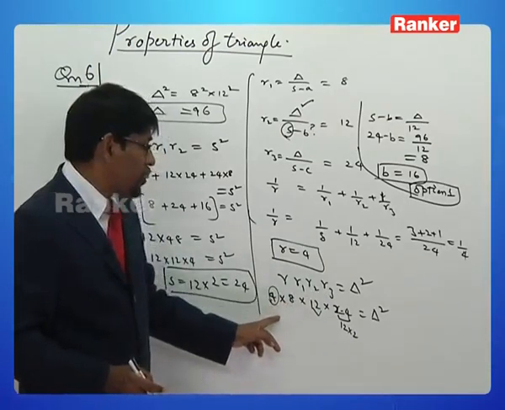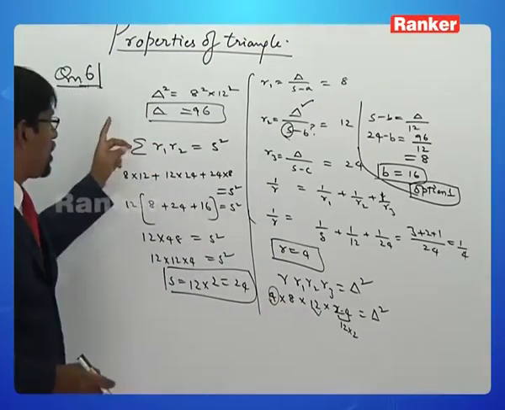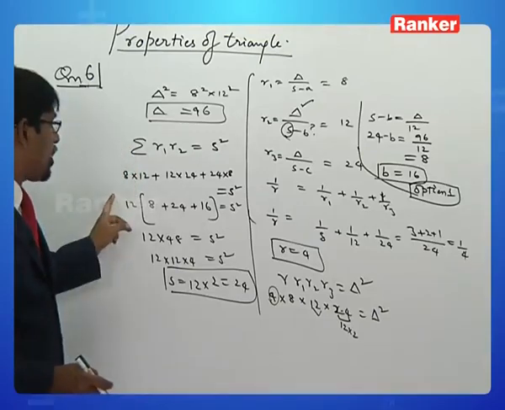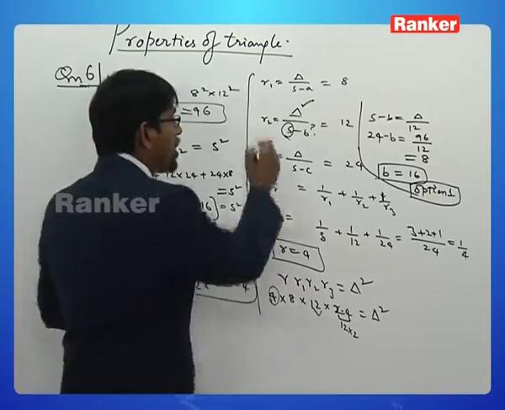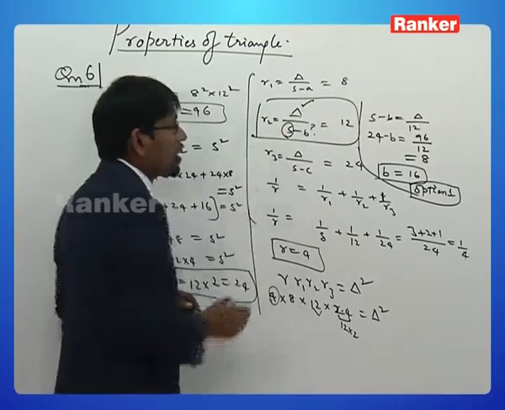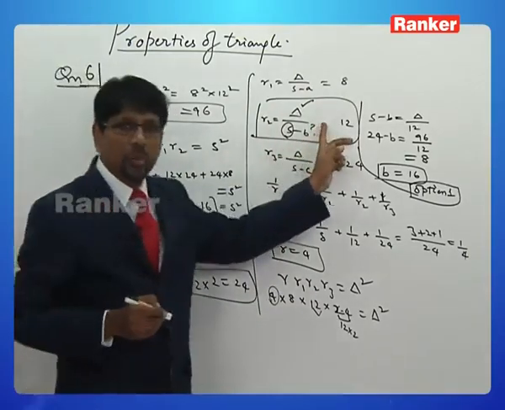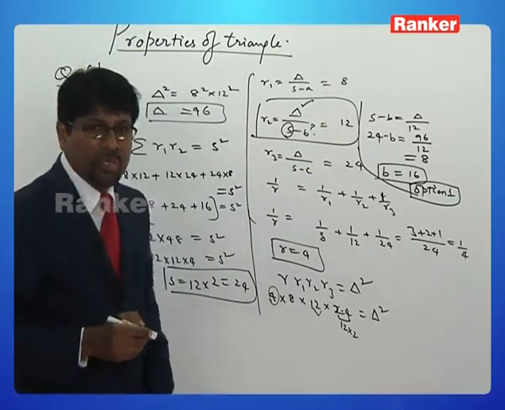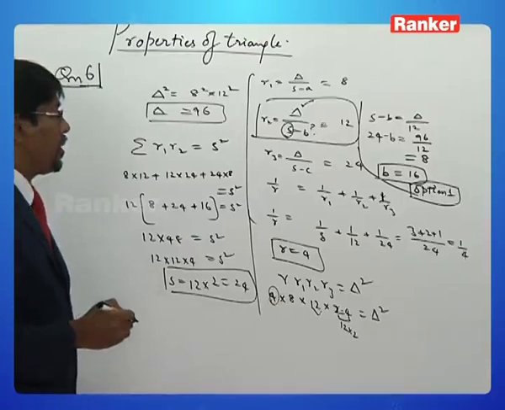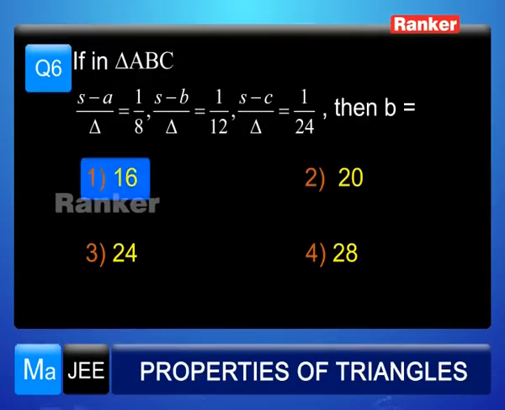That's in the formula. So delta comes out to be 96. So sigma R1 R2 is S square. That gives me S to be equal to 24. Now use that S and delta from here in this equation and get the value of B. That's what you wanted. So B is equal to 16, and option 1 is the right answer.